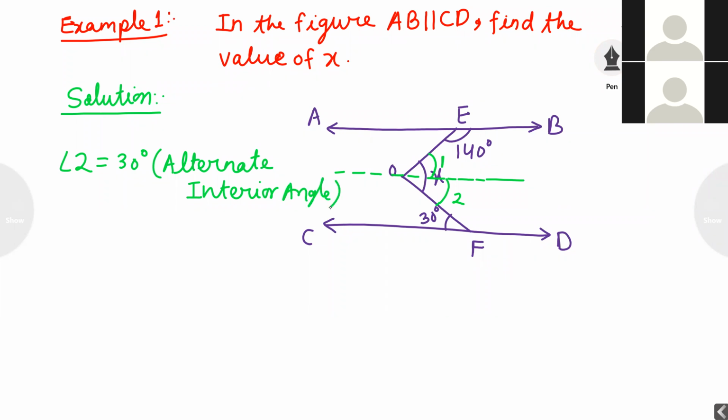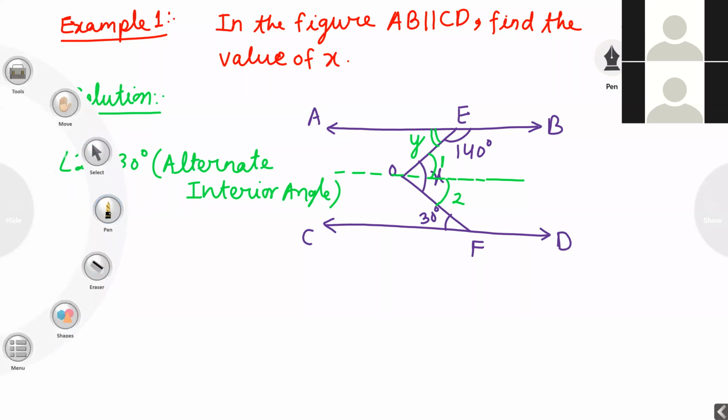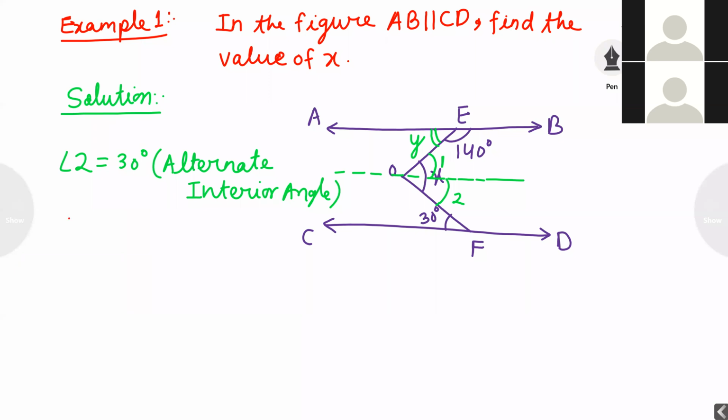But I want to find out angle 1. How to find angle 1? Before that, I want to find out this. Suppose I have assumed this is y. Then I can write here y plus 140 degree is equal to 180 degree, linear pair angle.